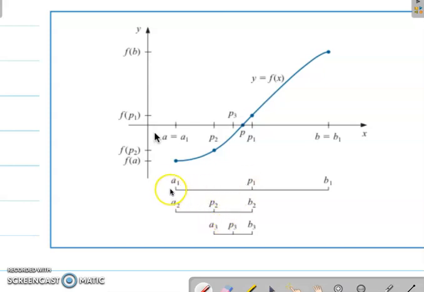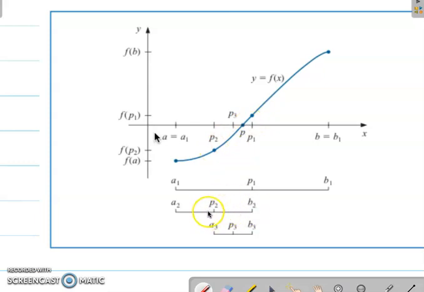For the next iteration, we will consider a1 p1 and find the middle point of a1 p1, which is p2, and we again find the value of the function at p2, which is also negative. So when p2 is negative and p1 is positive, it means the root lies in the interval [p2, p1].